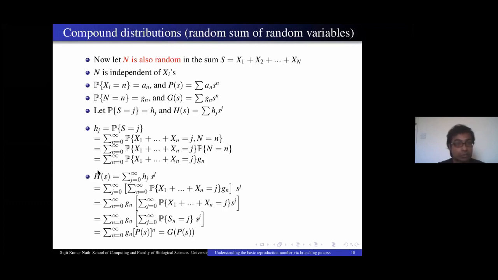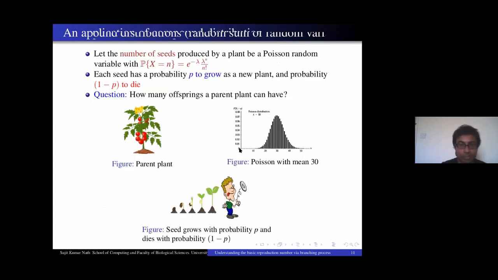So the generating function of a random number of random variables summed is given by G of P(s), where G is the generating function of the number of terms and P is the generating function of each individual term. So that is all the theory.